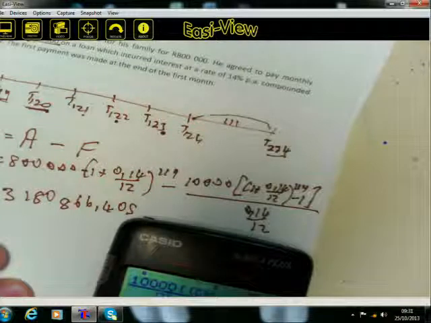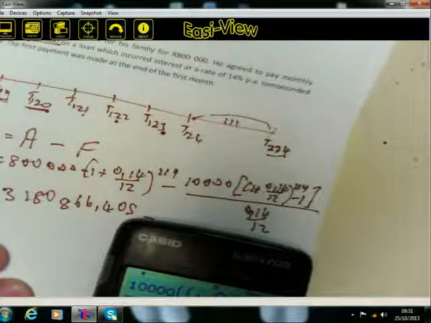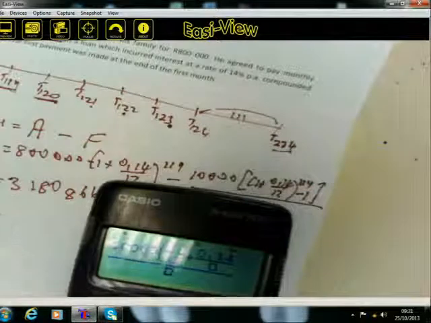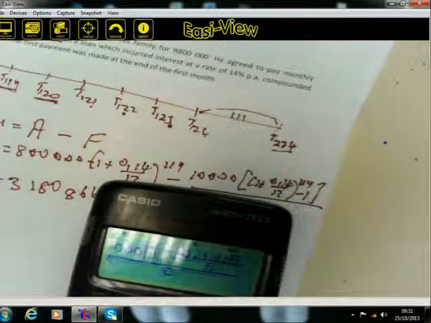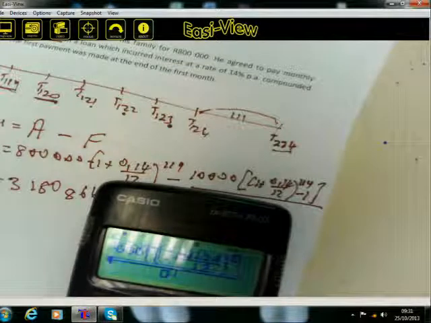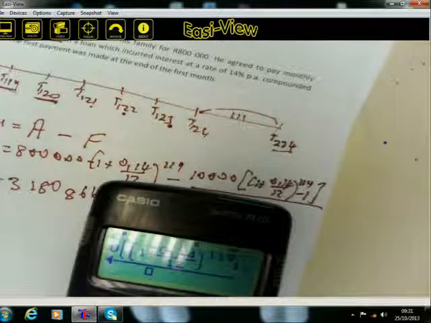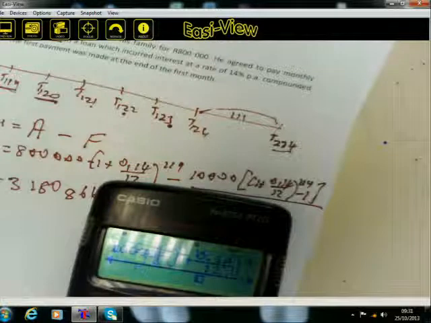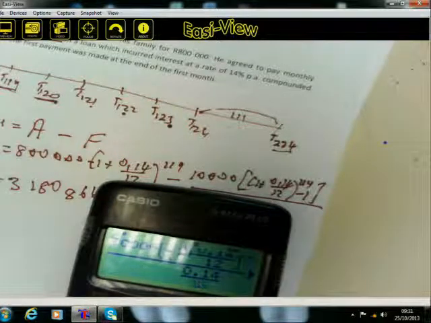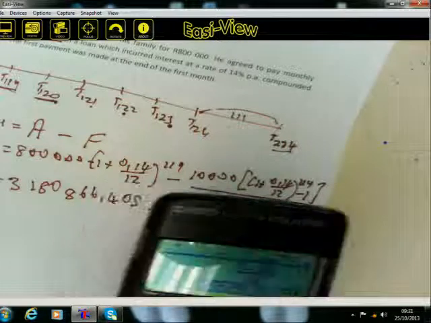Of course, 1 plus 0.14 divided by 12 to the exponent of 119, and then minus 1. Good. And then we divide it by 0.14 over 12. Right. What do you have?